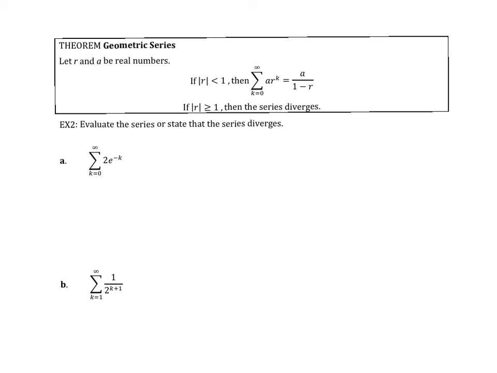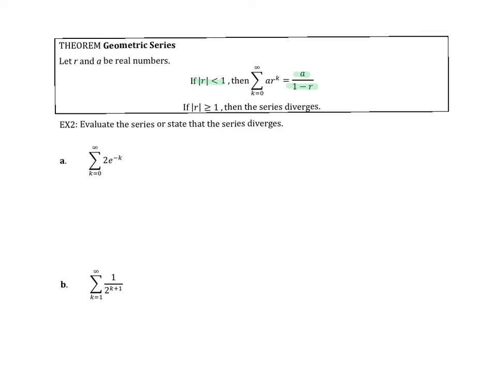So let's say we do have a geometric series. Remember, this is not a sequence, this is a series. But we do have some similar properties with reference to r, the ratio. If the absolute value of r is less than 1, then the value of this infinite series is simply a over 1 minus r.